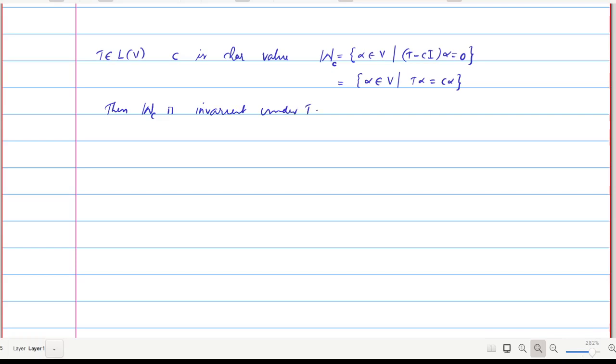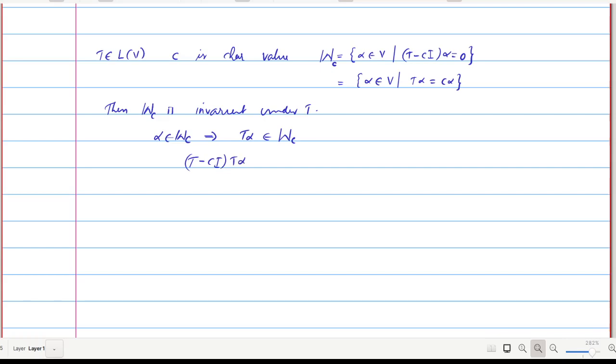We take an element of this set and apply T to that, and that will also be in this set. So we take alpha belongs to WC and consider T alpha. We need to prove that T alpha also belongs to WC. How will you check this? We need to find the image, this T minus CI of T alpha. We will prove that this quantity is equal to 0.